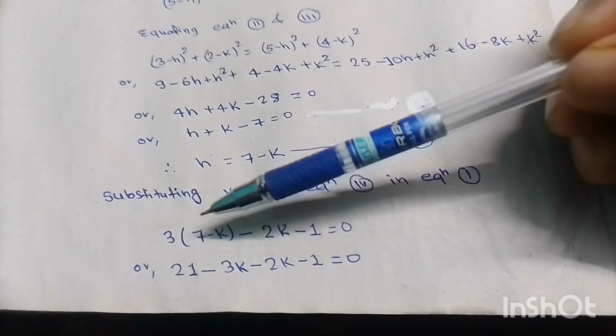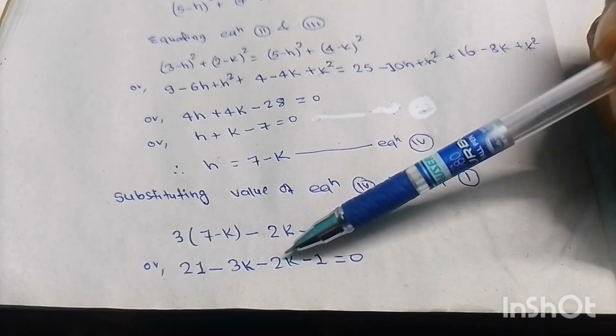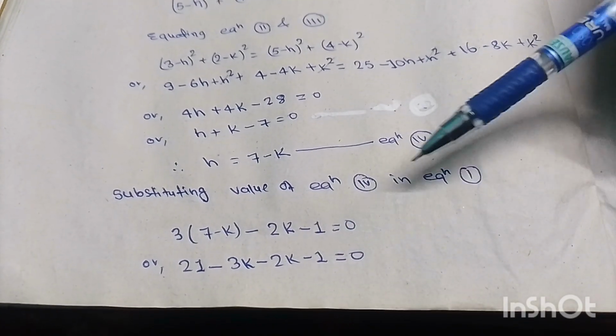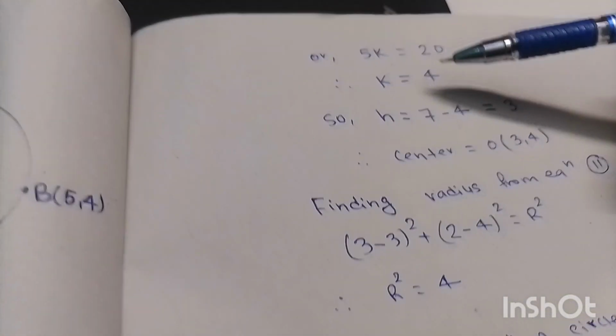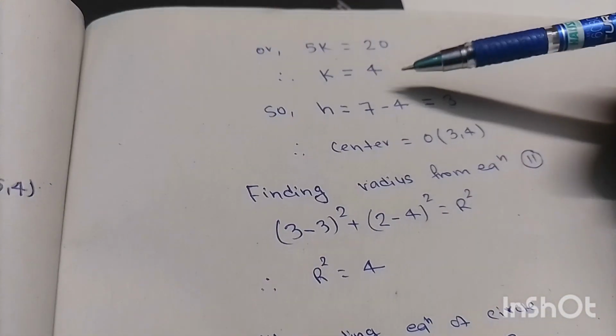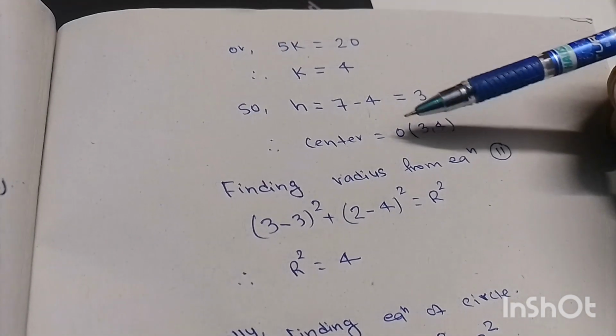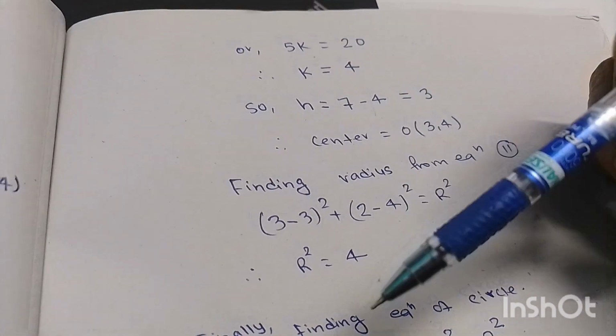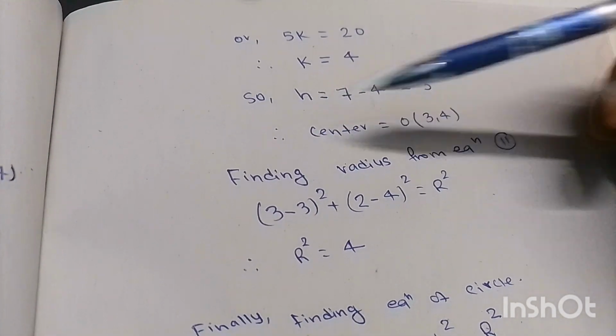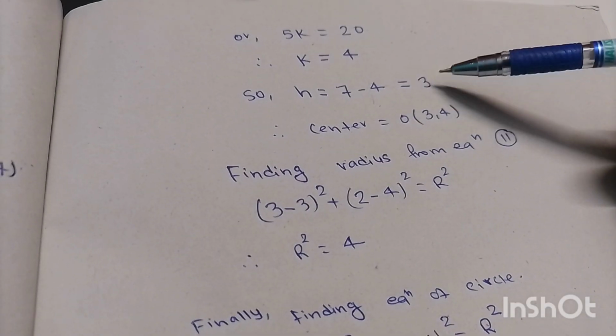If I open this bracket, this will become 21 minus 3k minus 2k minus 1 equals to 0, and if we solve that equation, the value of k can be easily got. So the value of k is 4. By putting the value of k in equation 4, we can easily get the value of h. So the value of h is 3.